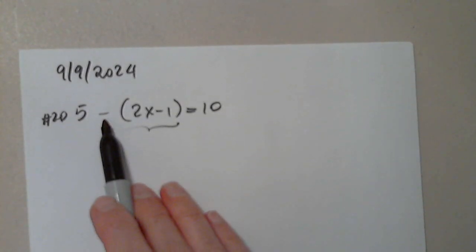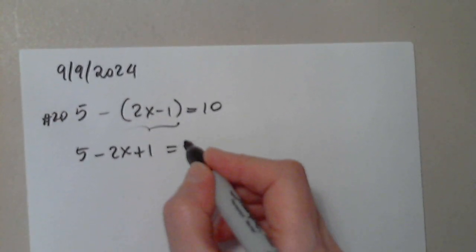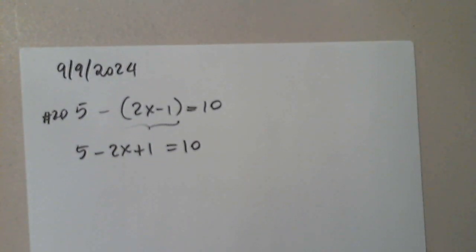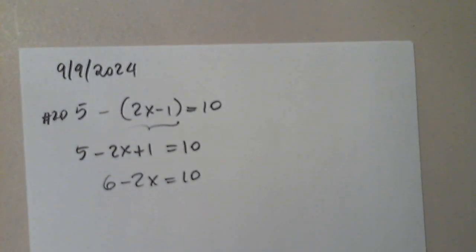I need x. So the first thing I have to do is distribute. So 5 minus 2x plus 1 equals 10. Does everyone understand this step? Yes. Perfect. Now I will combine like terms, and I have 6 minus 2x equals 10.